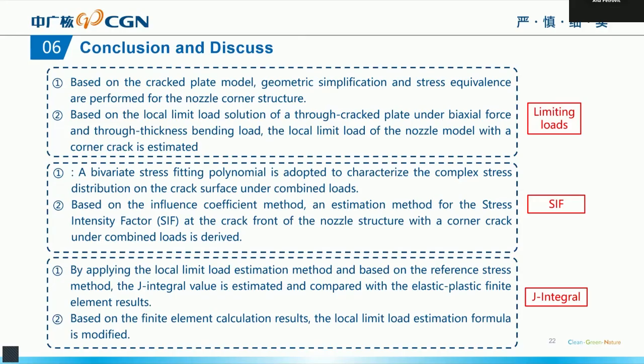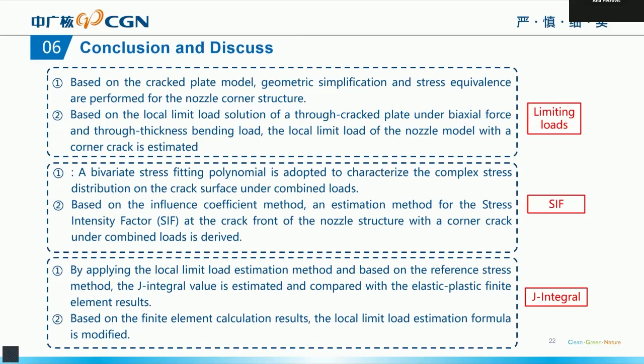The local limit load of the nozzle model with the corner crack is estimated. And for the SIF, a variety of stress fitting polynomial is adopted to characterize the complex stress distribution on the cracked surface under combined loads.